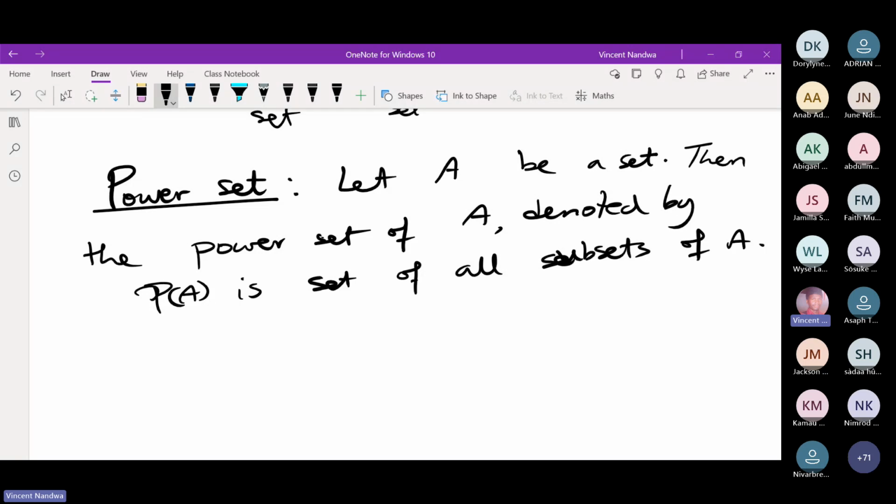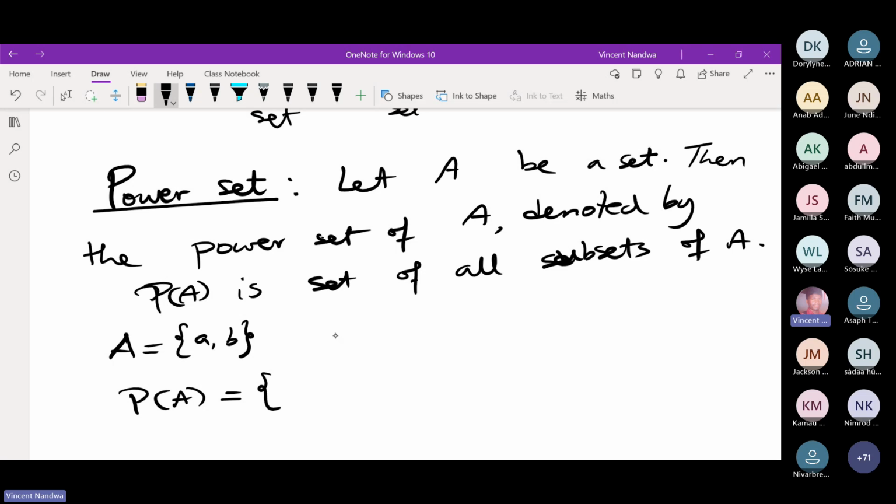Remember, the concept of relation is actually a very easy concept to understand. If you understand what you mean by power set and what you mean by Cartesian product, it'll be very easy for you to understand most of the terminologies here. So for example, if I have a set A with elements a, b, what elements form the power set of A?